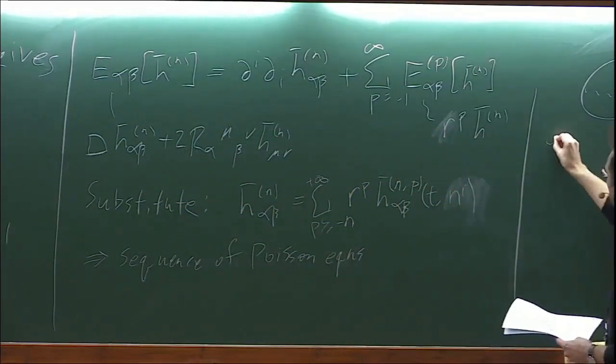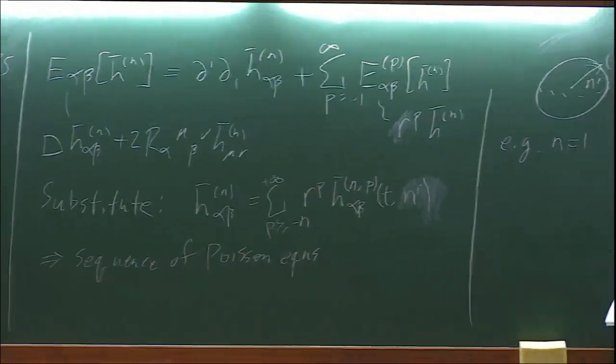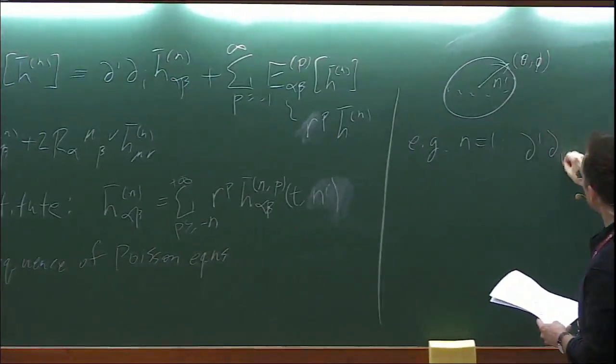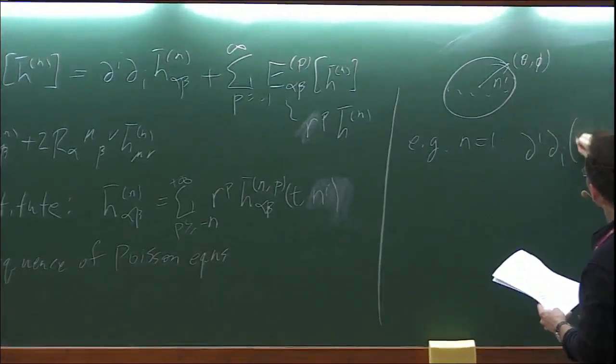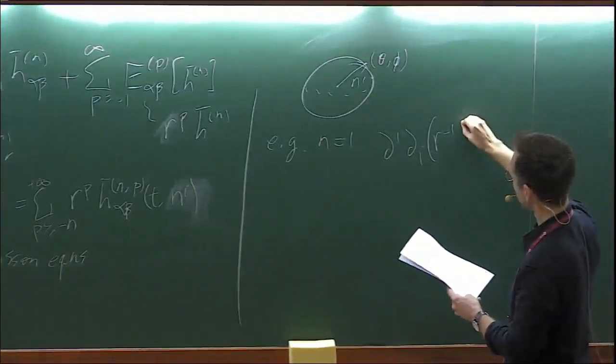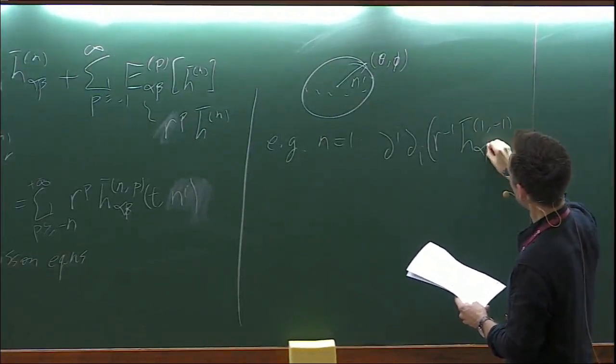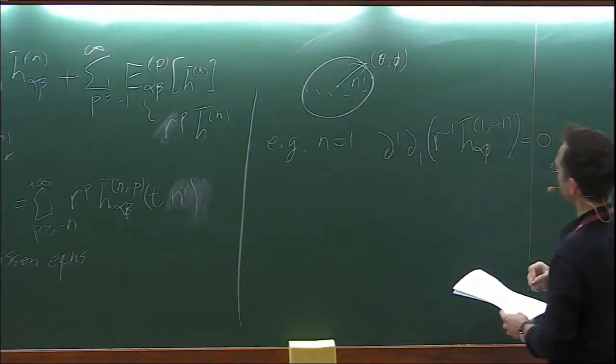So for example, at n equals 1, the very first equation we're going to solve is flat space Laplacian acting on r to the minus 1, h bar 1 minus 1 alpha beta equals 0.